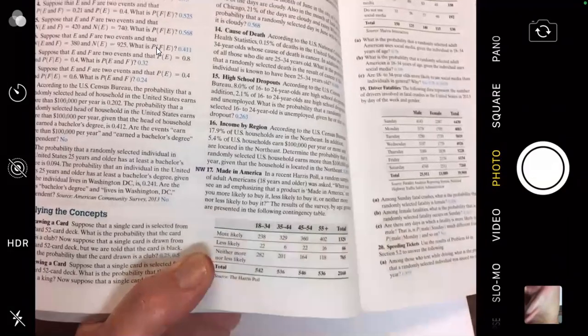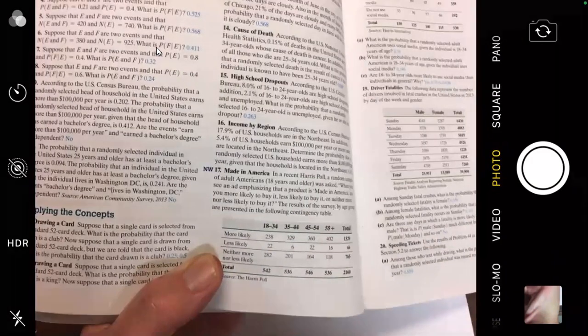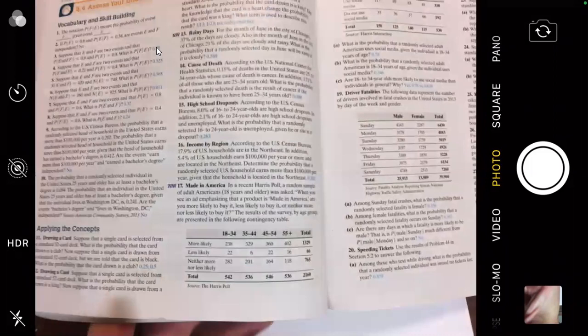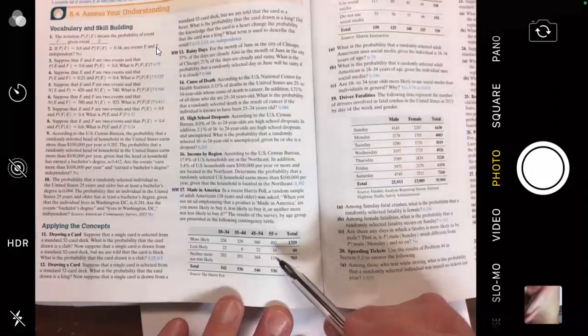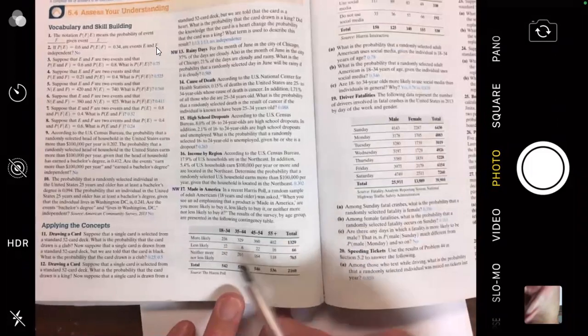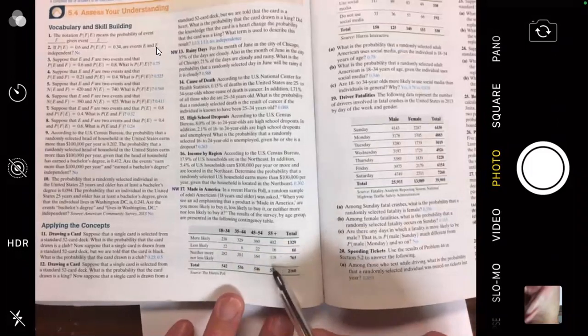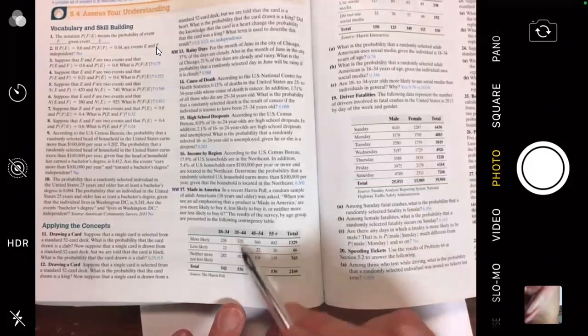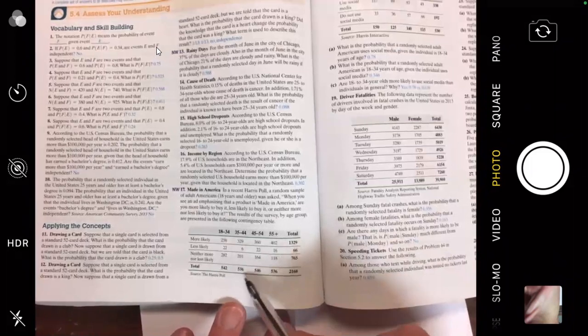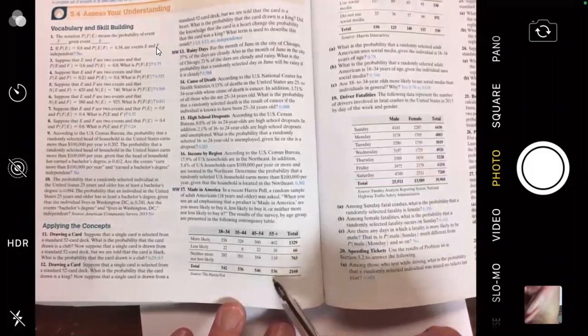Okay, now this is our first brush with table problems, so we should make a point of this. They've collected the numbers here, and then they've totaled it horizontally to get these totals over here. And then they've totaled it vertically to get these totals down here.